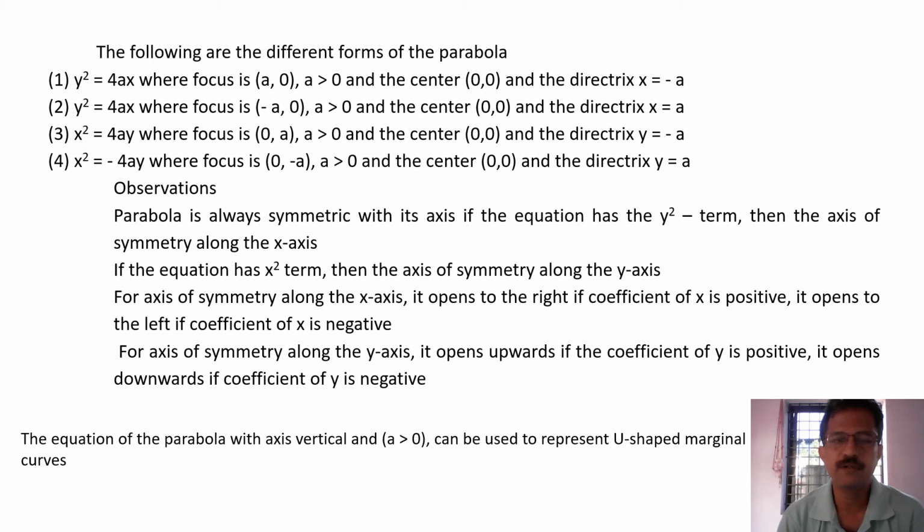When the axis of symmetry is along the x-axis, it opens right if the coefficient of x is positive, and opens to the left if the coefficient of x is negative. For axis of symmetry along the y-axis, it opens upwards if the coefficient of y is positive, and opens downwards if the coefficient of y is negative.